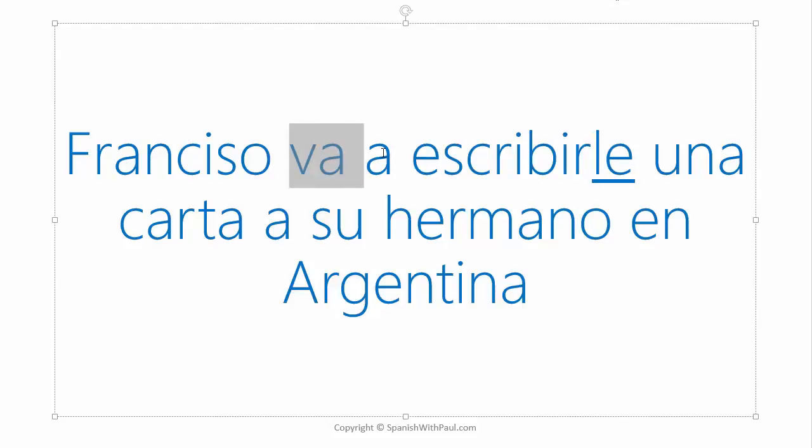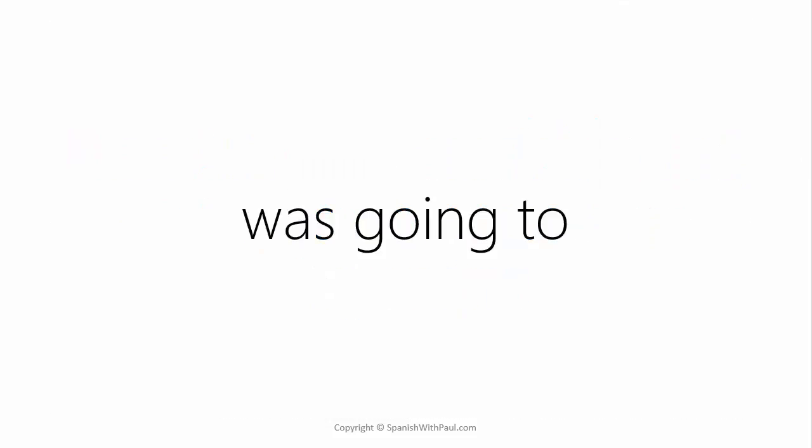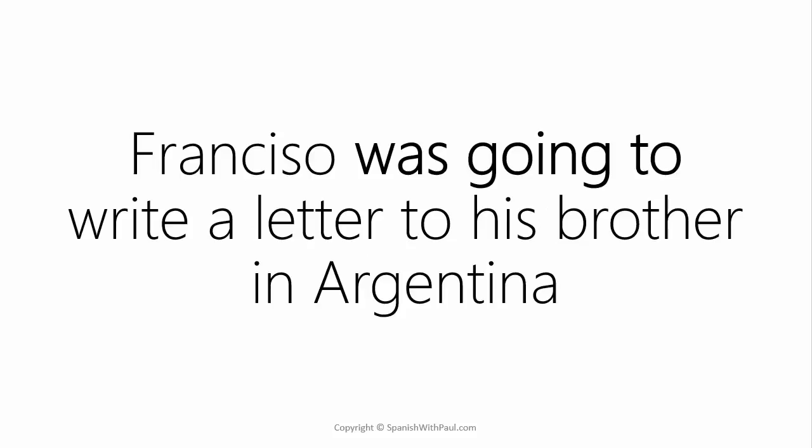What about if we switch to was going to, which is going to be iba, right? This handle of iba, was going to. And we try to repeat the same sentence. How would you say now, Francisco was going to write a letter to his brother in Argentina?